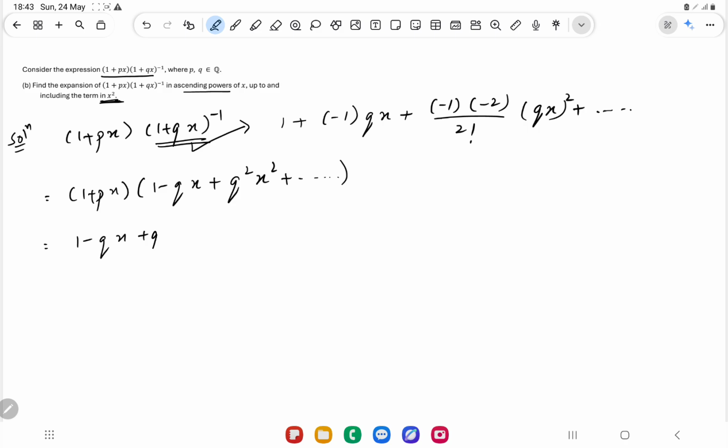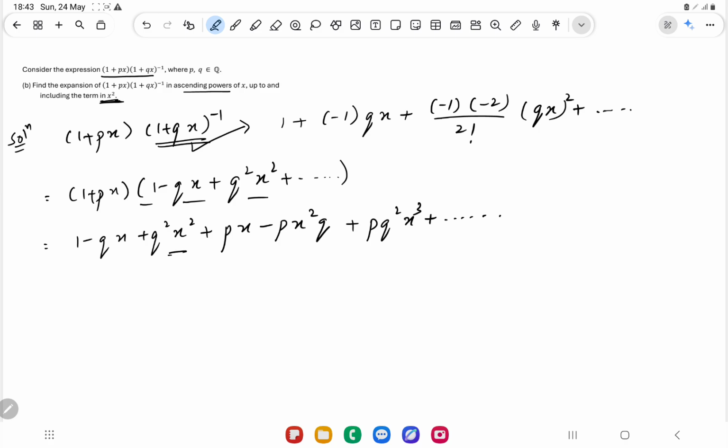Let me open the bracket first. I have multiplied 1 with all these 3 terms. Now I will multiply my px, so minus p x square q plus p q square x cube and so on. So this is how I can write.